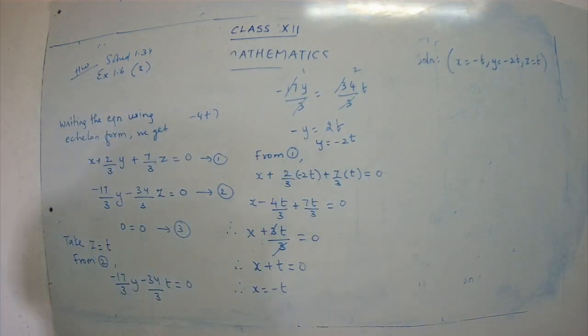Okay, children? So we have completed our first sum. Let's have a small recap of the statement. How have we written the statement? We have taken that it is a consistent system with a trivial solution, or a non-trivial solution.